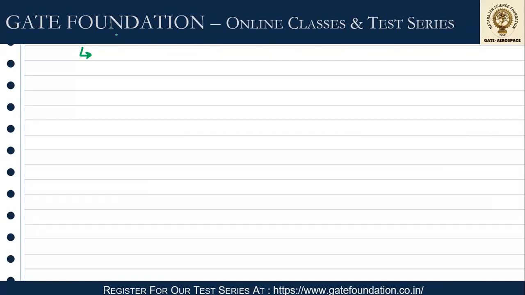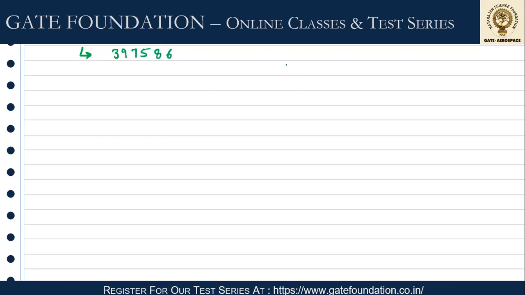The number is 56798, and the answer that you get after multiplying by 7 is 397586. Okay, thank you so much.